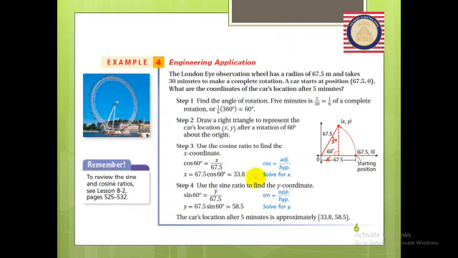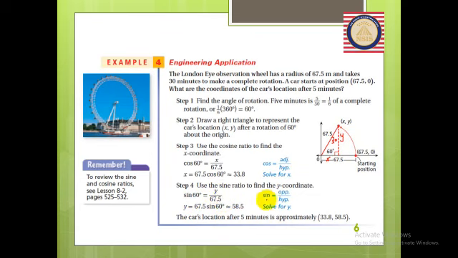Then I get it by the calculator. Then I use the sine ratio to get the y coordinate. Sine 60 equals y over 67.5.